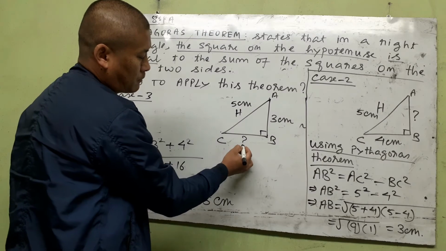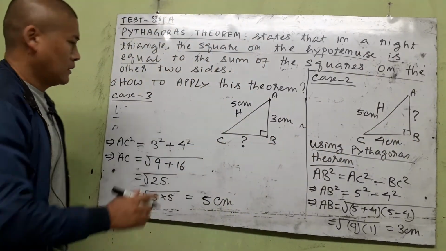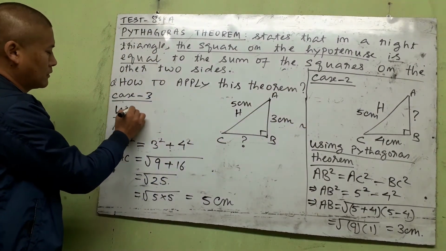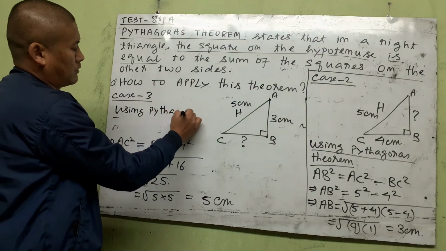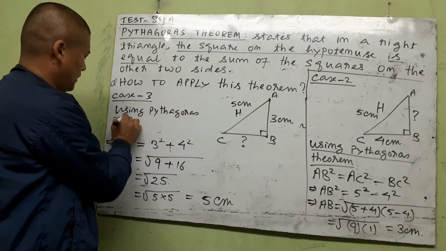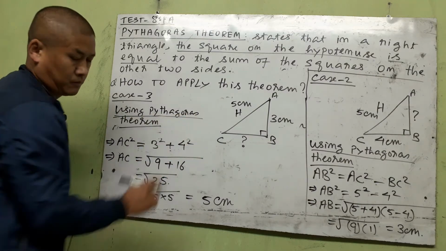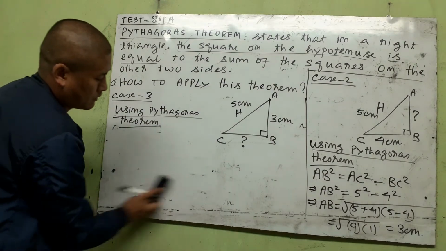So now this time BC is unknown to us. Here AB was unknown, now BC. So it will be the same as case 2, that is using Pythagoras theorem to find the third unknown side.